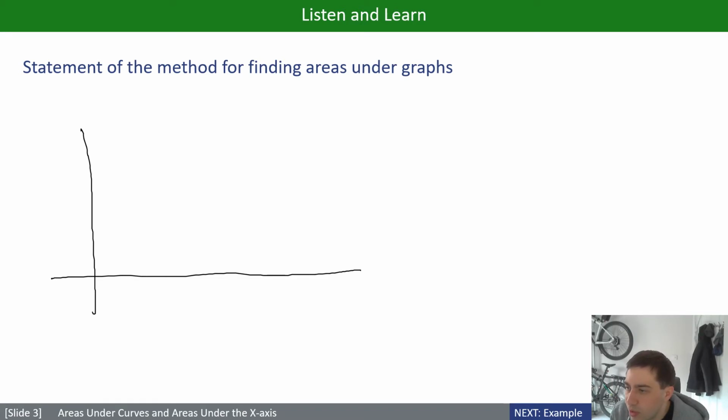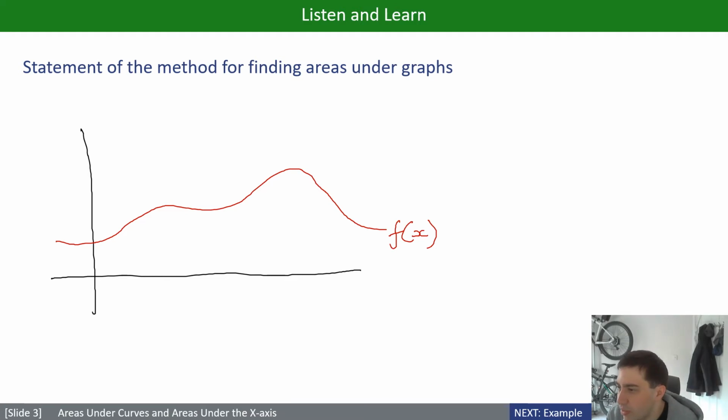If you have some function plotted, let's just draw a sort of squiggly line representing our function, call it f of x, and you want to calculate the area under the graph, so it's always under the graph for this positive valued function, you define two positions on the x-axis. There'll be two numbers. In this case, I'll call them A and B. In the previous example, they were 2 and 3. And you've got these two then imaginary vertical lines. And you've also got the black line horizontally, the x-axis.